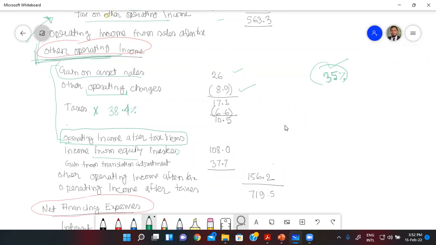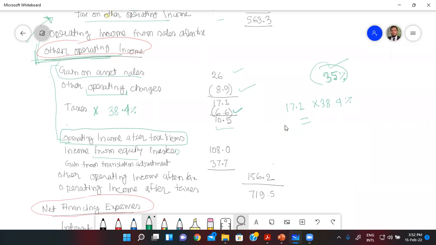So you see, we have the 17.1 before-tax other operating income, and if we apply the 38.4%, what will be the amount? This amount will be 6.6, the tax amount. If you subtract this, you will get 10.5. Is this the total other operating income?